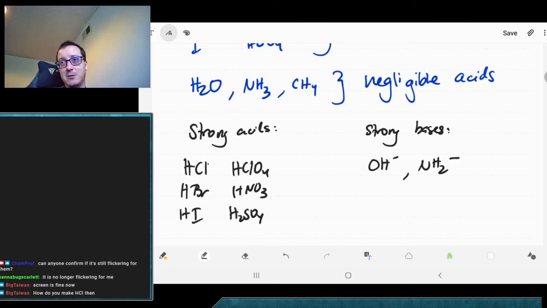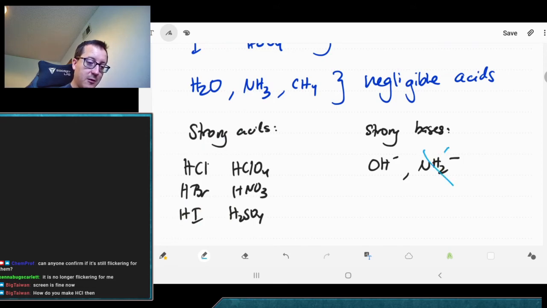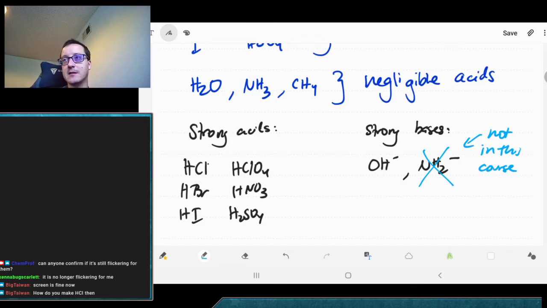Amides, typically we don't deal with very much because they're extremely strong bases, so this is something we'll deal with in organic chemistry. That's not something we deal with here. We don't really talk about amides in this class, so we're not going to worry about that. So for us, strong bases are just hydroxides. So that's the easiest way to do it. We can just say any things with hydroxides are going to be strong bases.